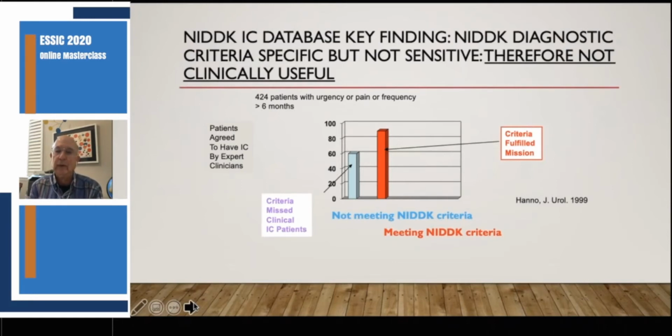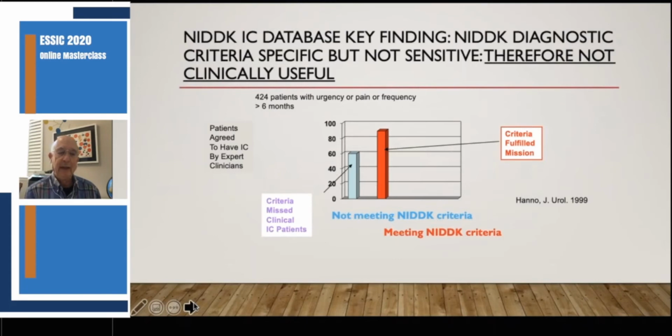However, they were not found to be useful clinically because in patients whom all experts felt had interstitial cystitis, 60% did not fulfill the NIDDK criteria. So while they were fine for clinical and basic science studies, they could not be used by clinicians.